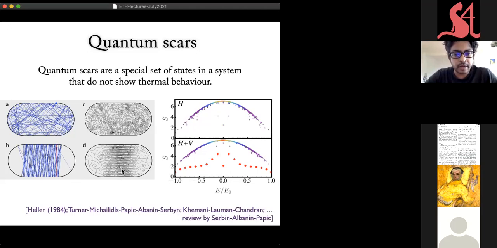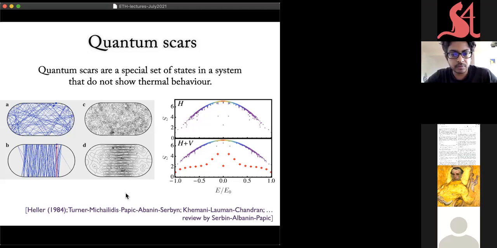So you have something like a standing wave, roughly speaking, between these two walls. And this looks like a stable configuration. If you make a superposition of states of this kind, it is not going to thermalize. So this is a special state.